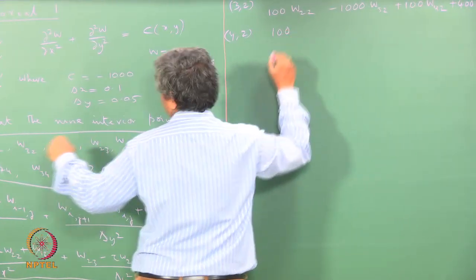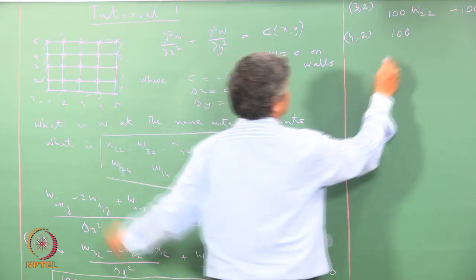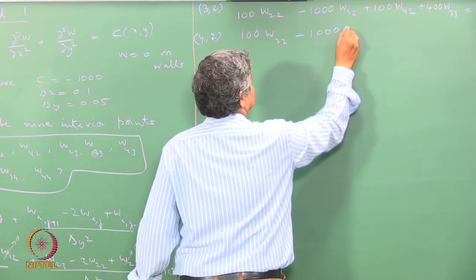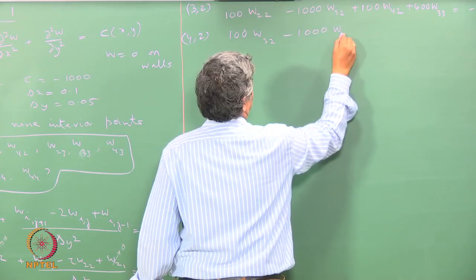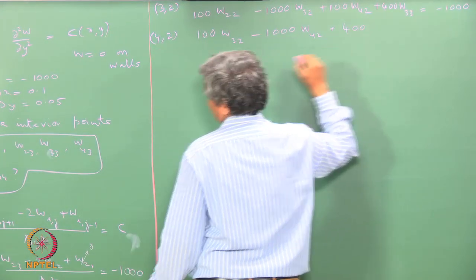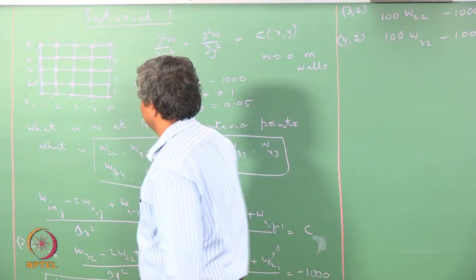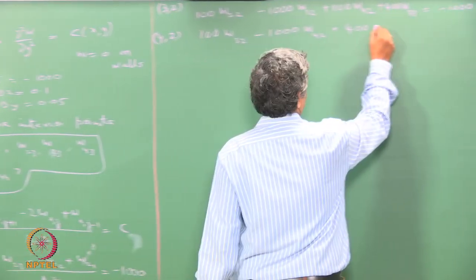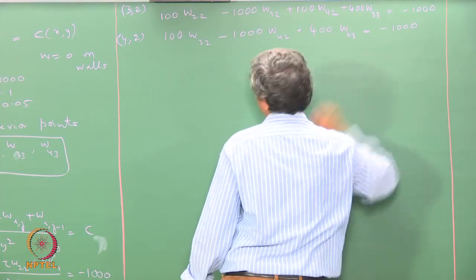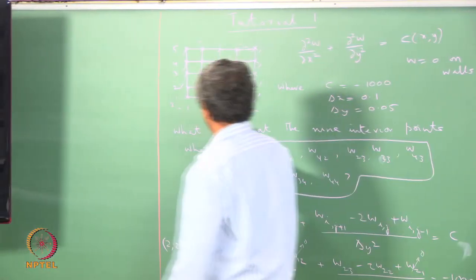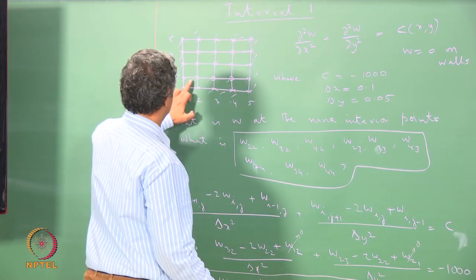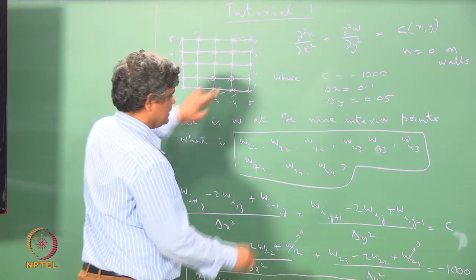So we will have 100 of 32 minus 1000 of 42 plus 400 of 43 equal to this. So we have done this. This is over. So let me tick them here.